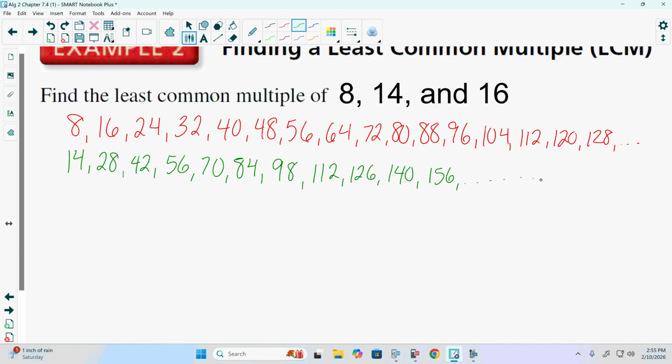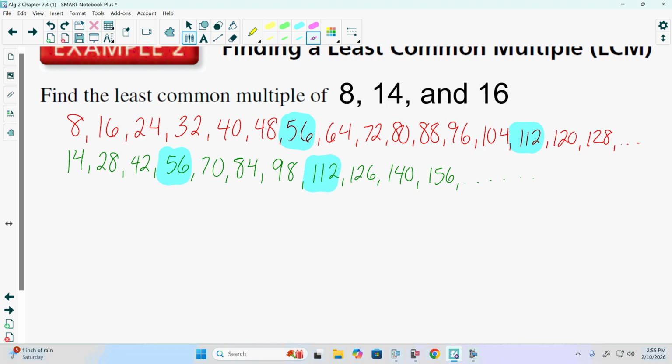So we get these here, yes? And just with these two numbers, common multiple, well, 56 is a common multiple, yes? We also have 112.